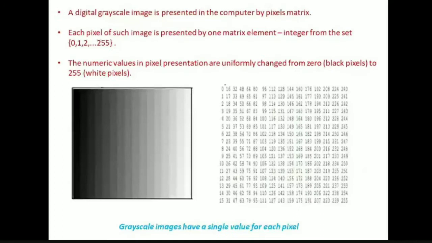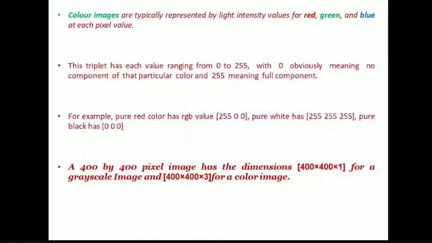Next, coming to color images. Color images are generally represented by the light intensity values for RGB. We generally represent the color image in the form of RGB, where R means red, G means green, and B means blue. That is, each pixel value of a color image will have three values.